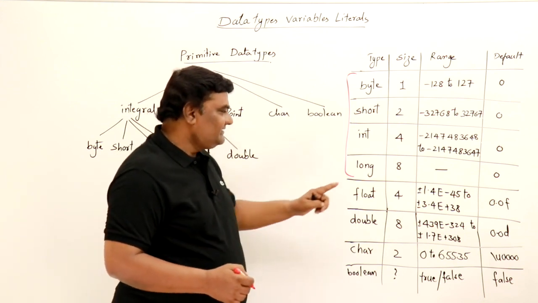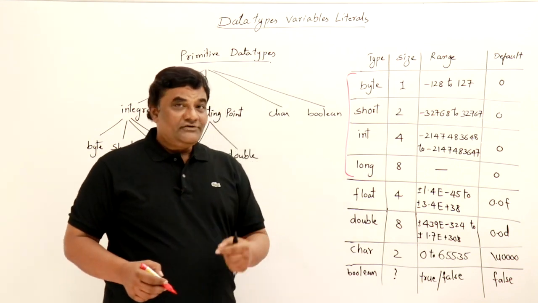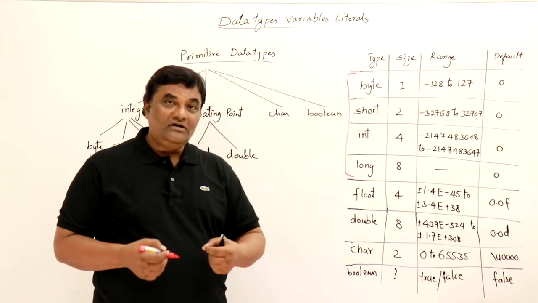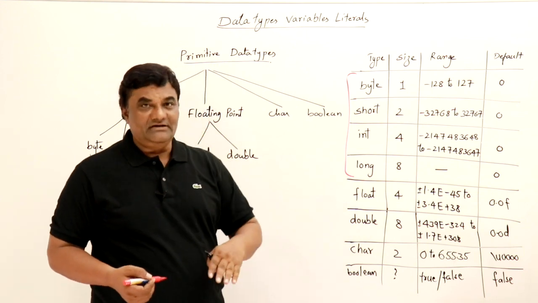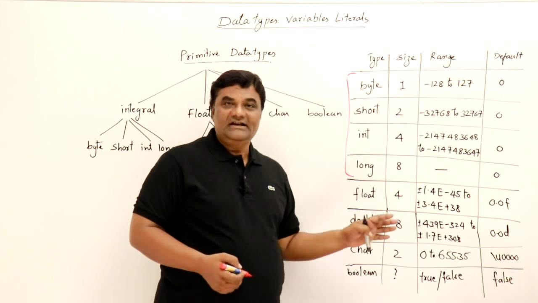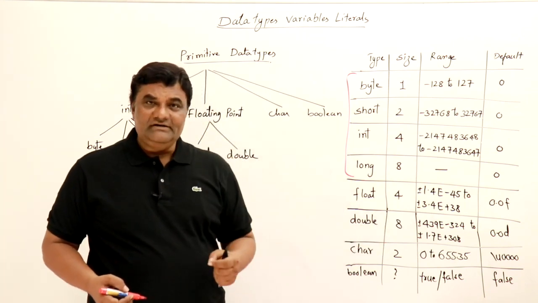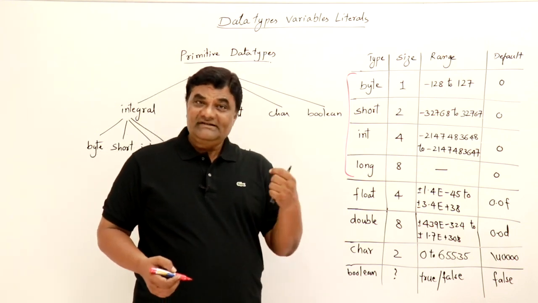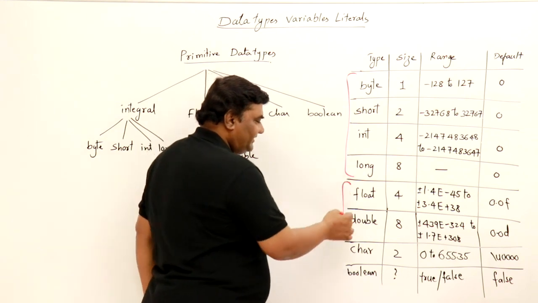Their sizes: float takes 4 bytes and double takes 8 bytes. If you have a larger number and want more precise value, go for double. Single precision is float type of data, double precision is double type of data, meaning how many digits you want after the decimal point. If you have a more precise value to store, then you can go for double. So these are floating point.